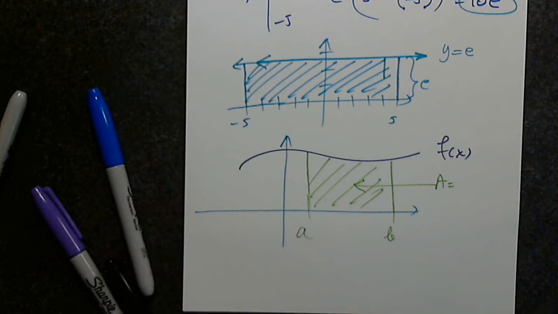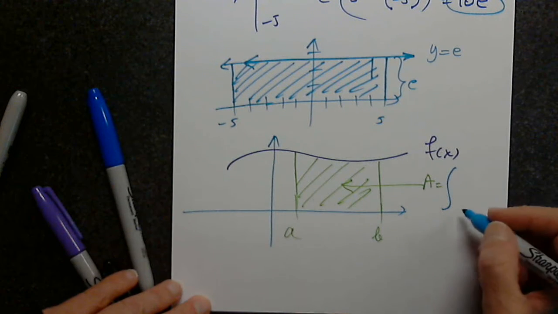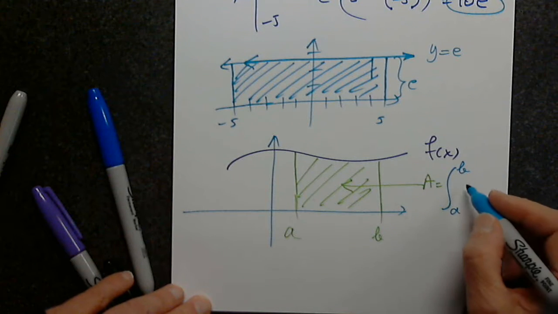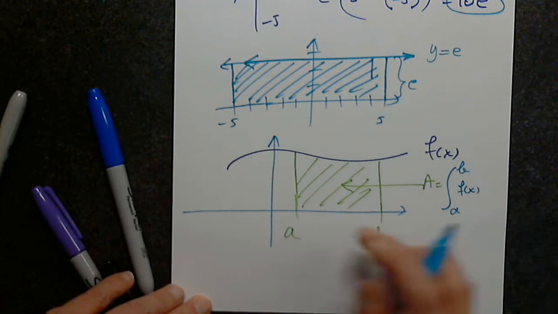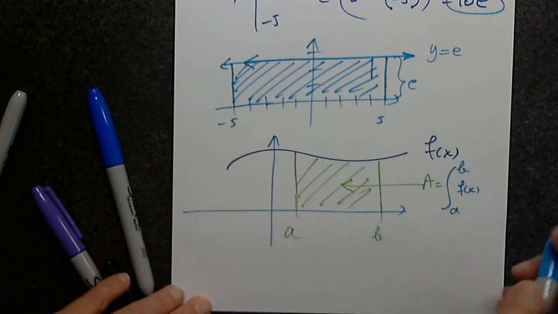Can anyone give us the formula for this area under the graph of f of x between a and b? The integral from a to b of, which is the height times the base of each subinterval. What is the base?